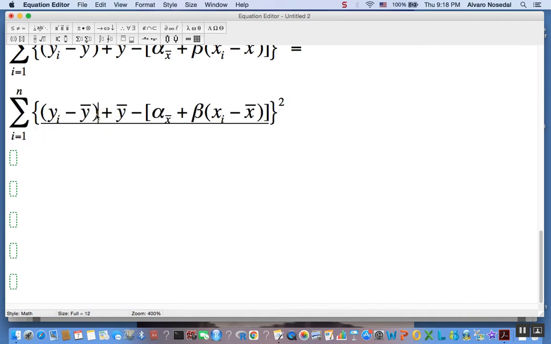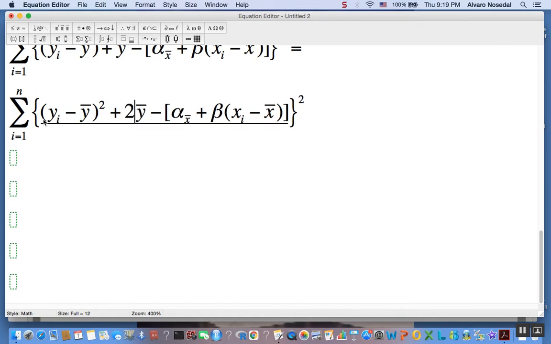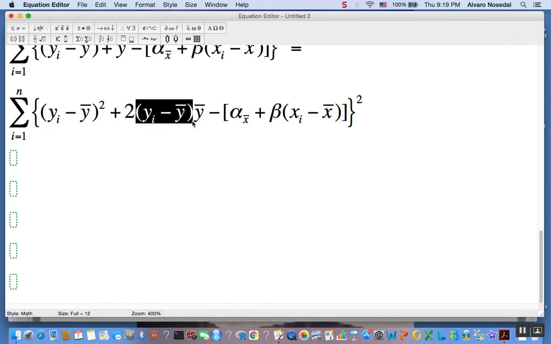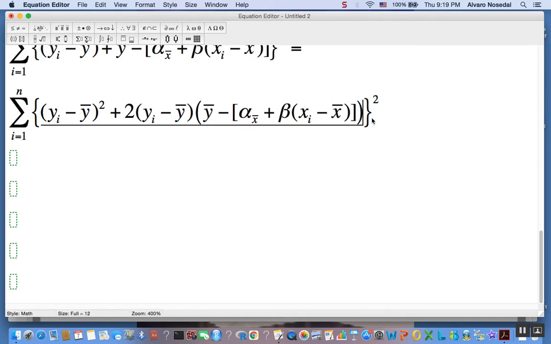So it's going to be summation of yi minus y bar squared, okay, plus 2 times the cross product between yi minus y bar times this. We're considering this guy as a single term, right?